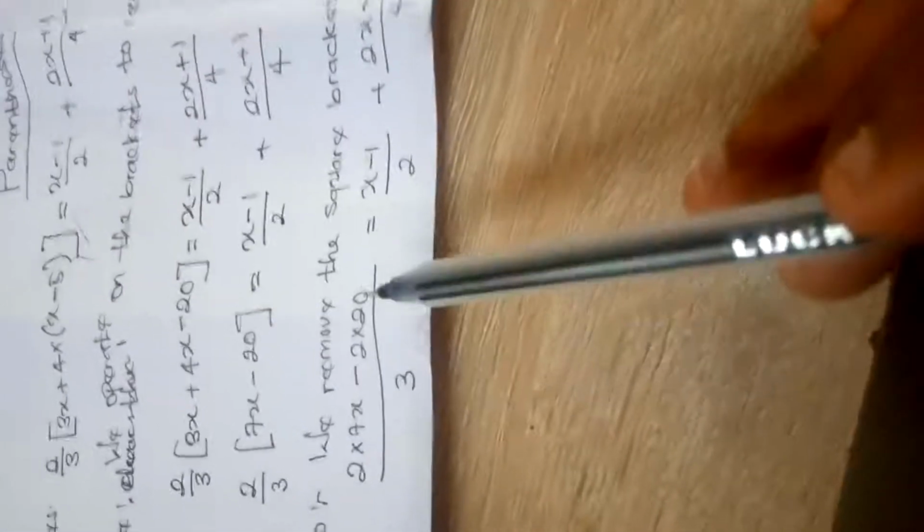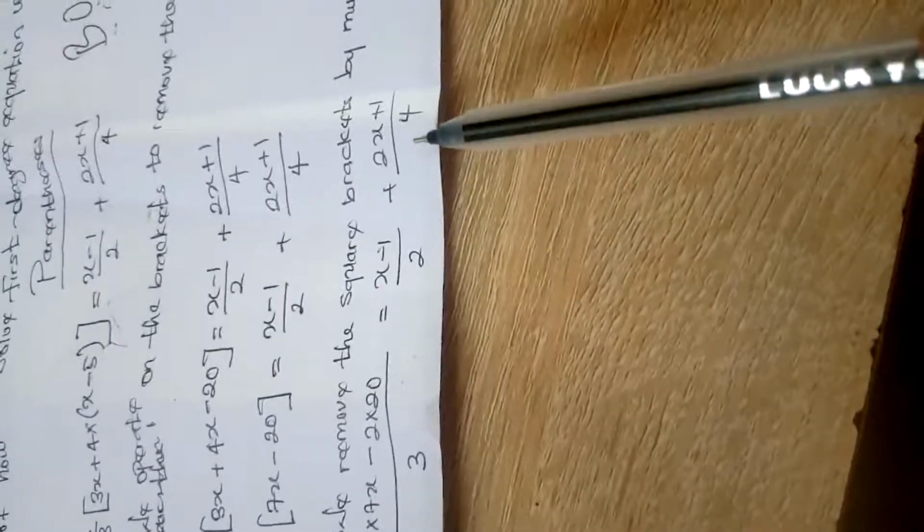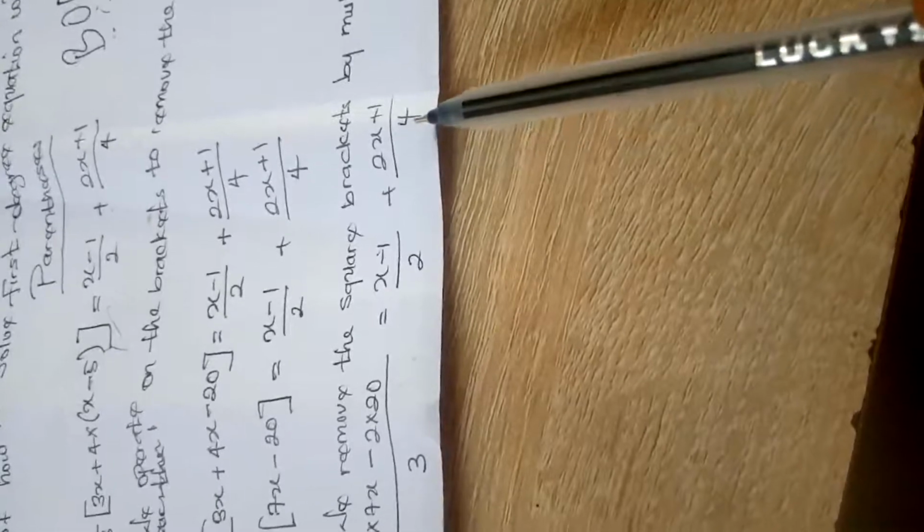I've got all these equations down here. And now I'm left with 2 times 7x minus 2 times 20 all over 3 equals x minus 1/2 plus 2x plus 1/4.